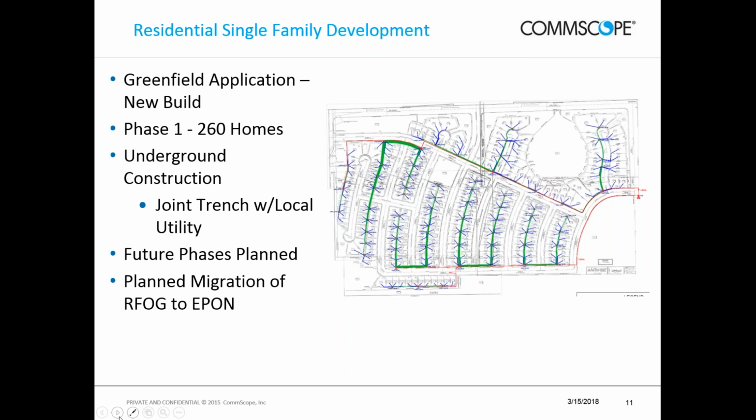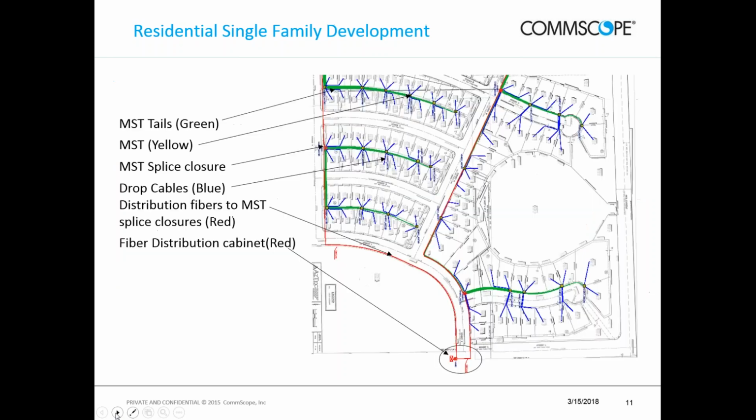The only thing that's going to change is the transport equipment, and back in the head end will turn into what we call an OLT, and then out in the field at the customer premise is going to be an ONT, and those will be the two devices that essentially trade information back and forth in IP packets versus any type of RF medium going out there, or RF based optical signal going out there.